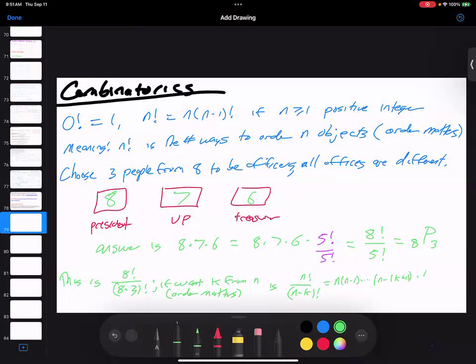And then we're multiplying by n minus k factorial over n minus k factorial. So this is the number of ways to choose k people from n when order matters.